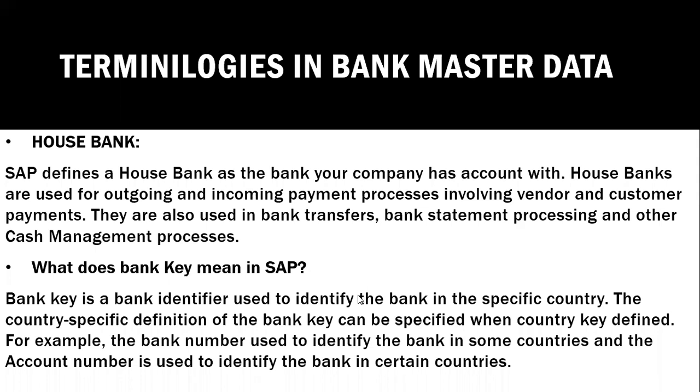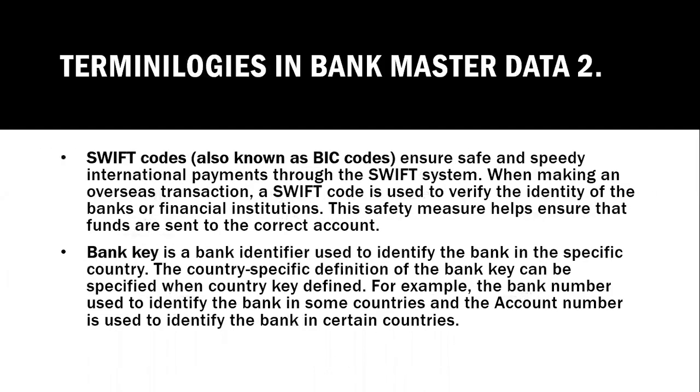All right, so let's see the next term we need to be aware of to enable us to understand this concept much better. Next, we will look at the SWIFT codes, also known as BIC codes.